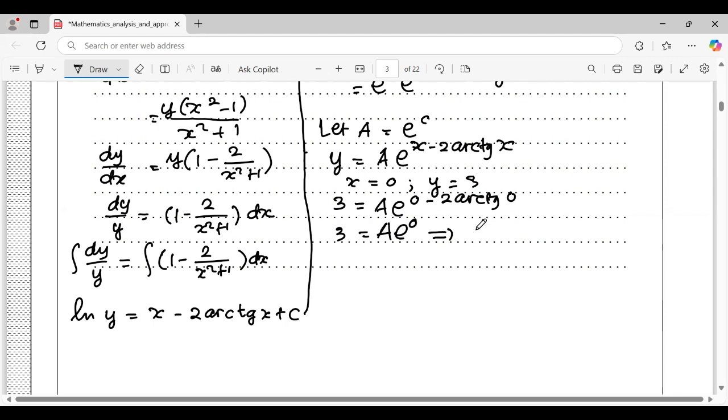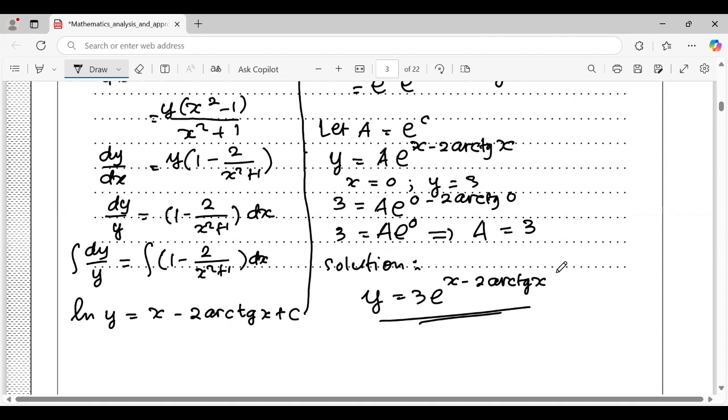So a equals 3. So the solution to the differential equation is y equals 3e to the power x minus 2 arctan x. This is the solution.